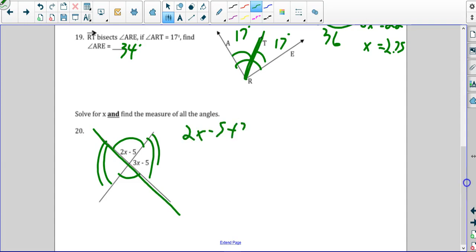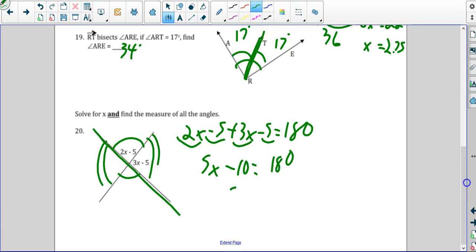So this plus this equals 180. Combine like terms, 5x. Combine like terms, minus 10. Add 10 to both sides. Divide by 5. X equals 38.